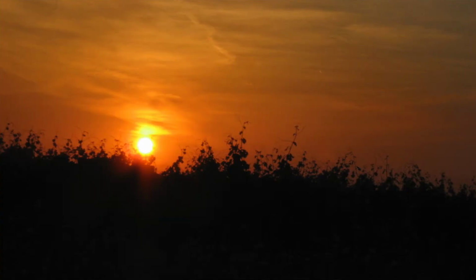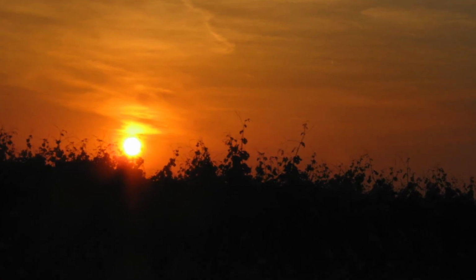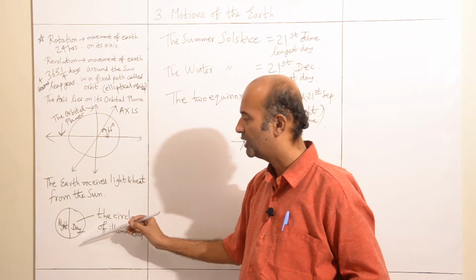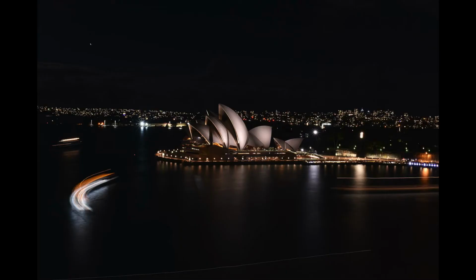Now the earth receives light and heat from the sun, which is our major source of life. When the earth rotates, the sun's rays fall on this side of the earth. So this side of the earth will have daytime and the other side will have nighttime.